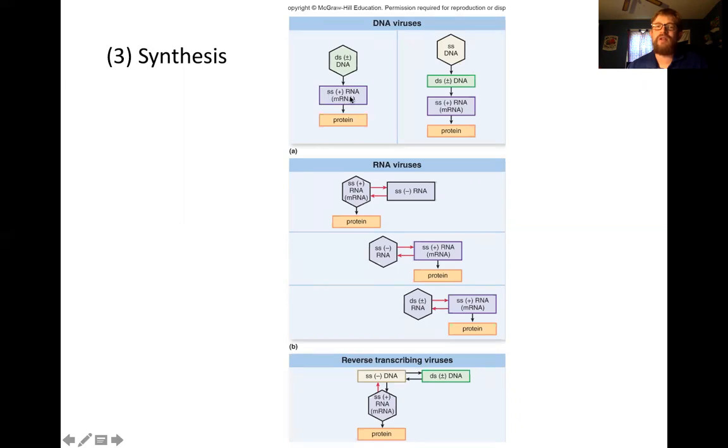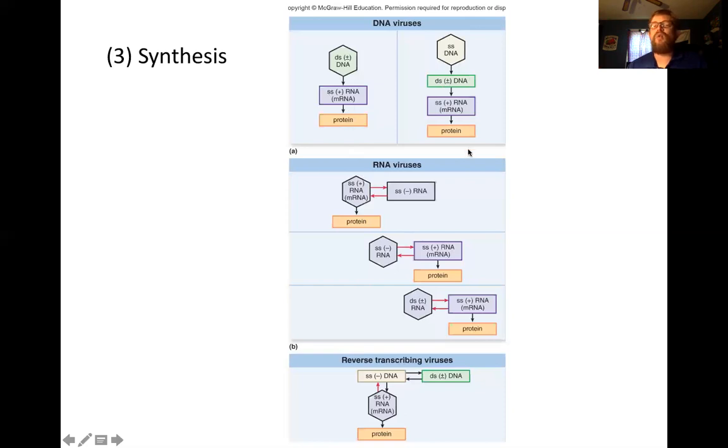So there's that single-stranded positive strand RNA, the mRNA, and you can take that and directly make protein. Here, with single-stranded DNA, in order to interact with the cell's machinery, you have to make it double-stranded. You can then get your single-stranded RNA, and then you can get your protein. And here you see different options.